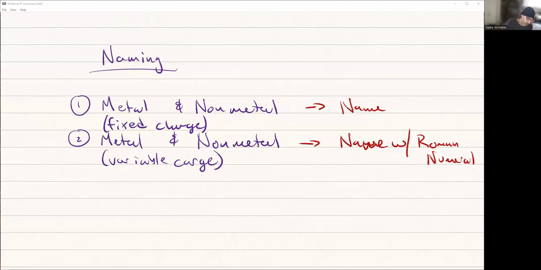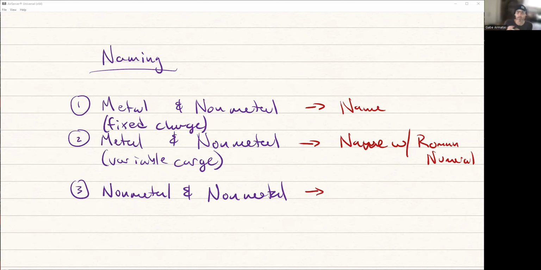Third, the final one is having a non-metal and another non-metal. In this situation, with two non-metals, we are just going to name it, but we are going to add a prefix. So we're going to talk about these three scenarios, and that's all the naming that we need to know.